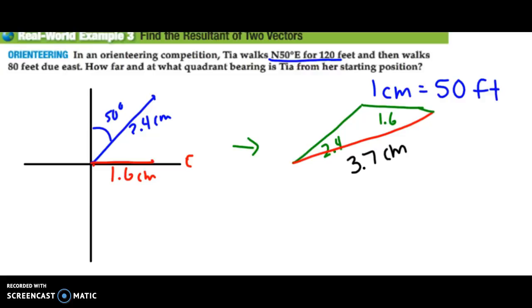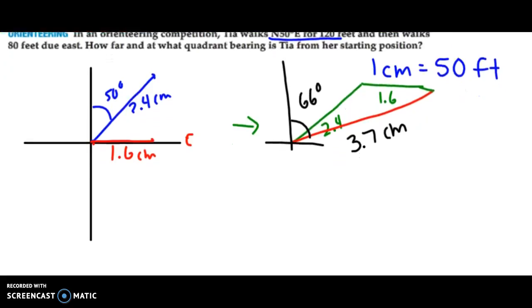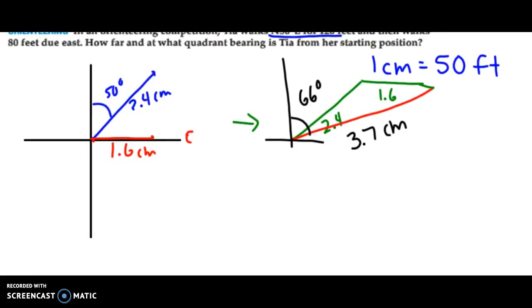Then what we can do is with a protractor, okay, we could measure out what this angle is right here. Well, if we measure that angle out right there, we find it to be about 66 degrees. So somewhere in the ballpark of 66 degrees. So that means how far and what quadrant bearing is Tia from her starting position?